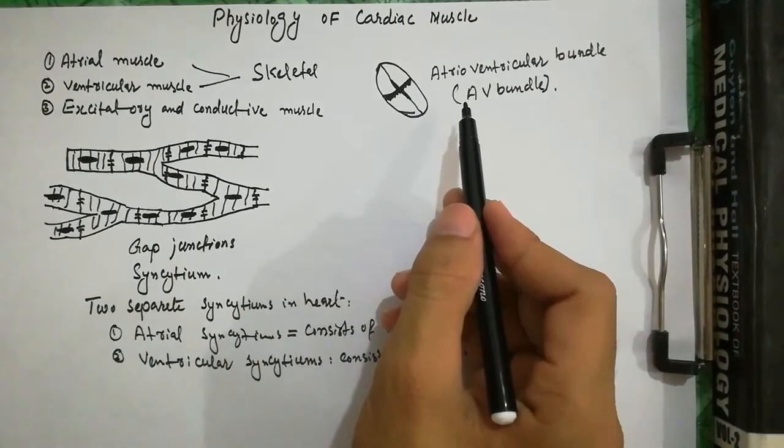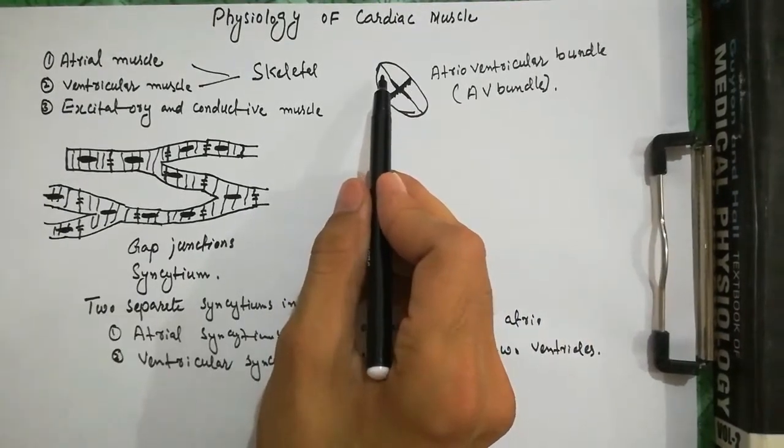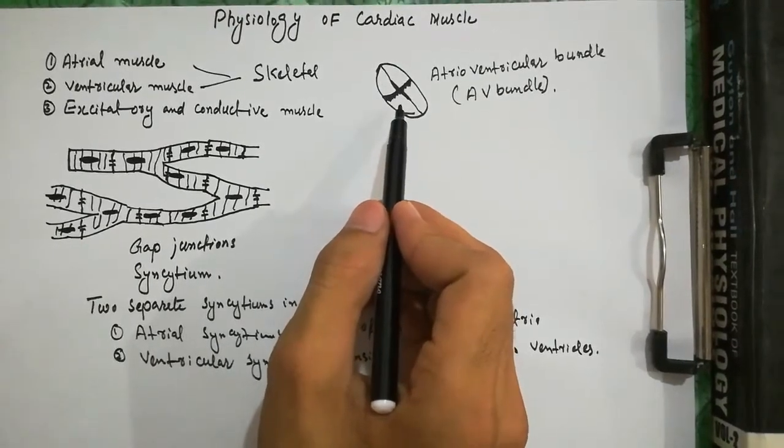Through this bundle, action potential travels from atrial syncytium into ventricular syncytium.